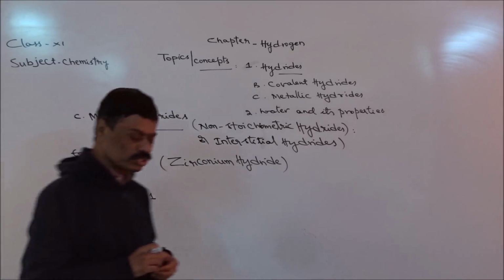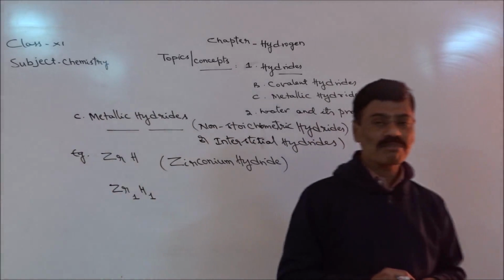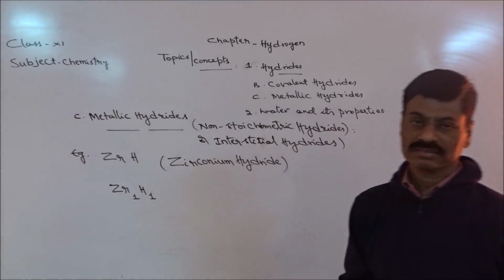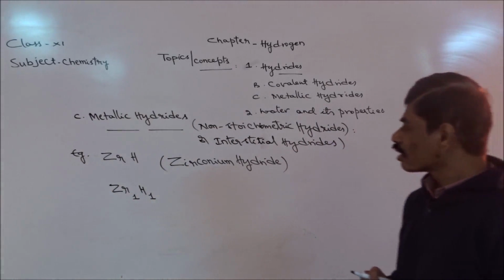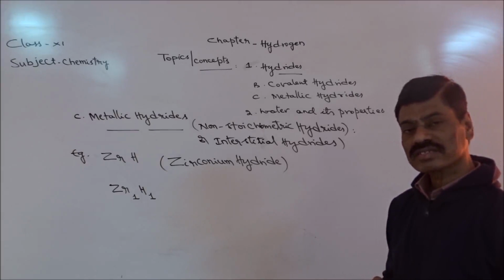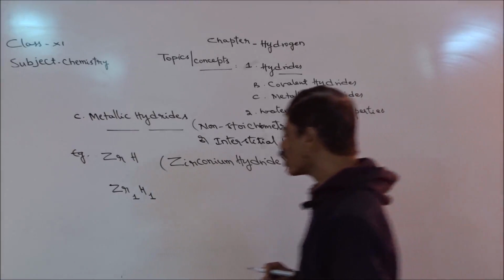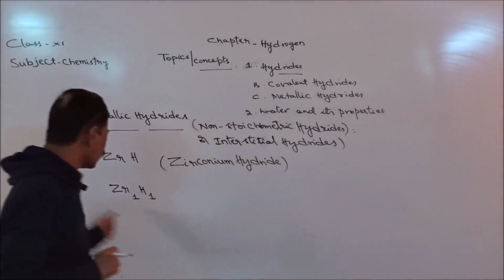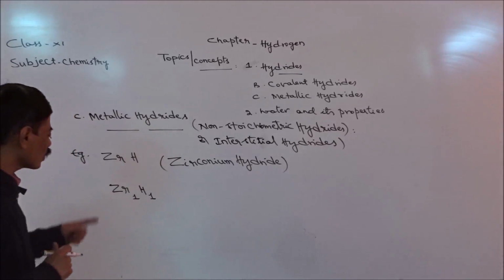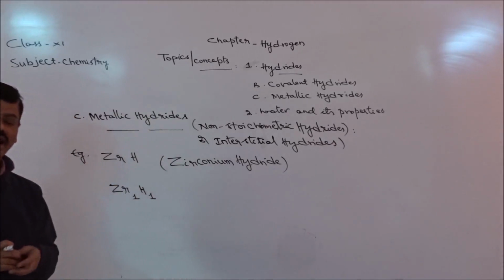Stoichiometry refers to the number of particles or number of atoms present in one molecule of the compound. Here zirconium hydride is the compound. In this we have one atom of zirconium and one atom of hydrogen.